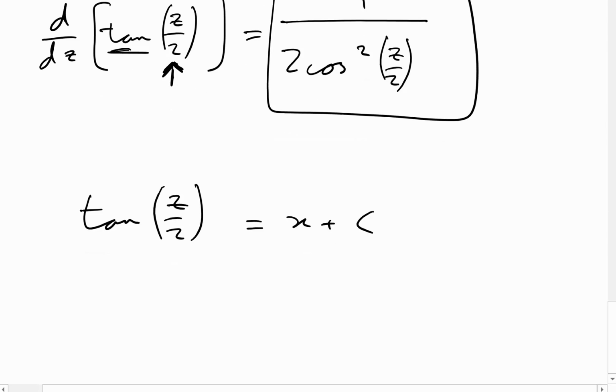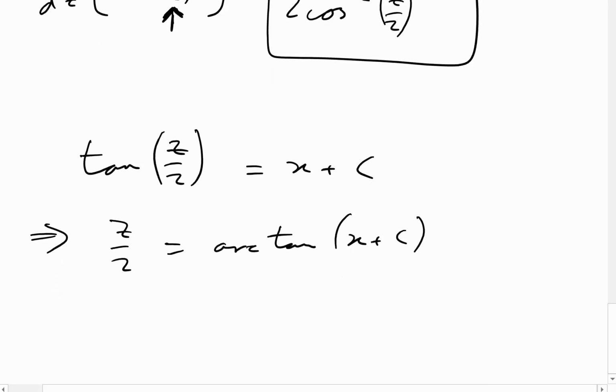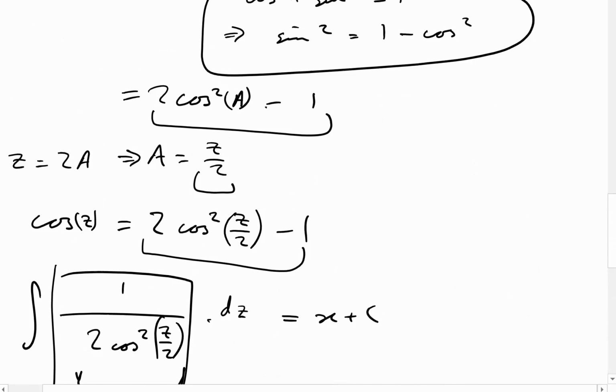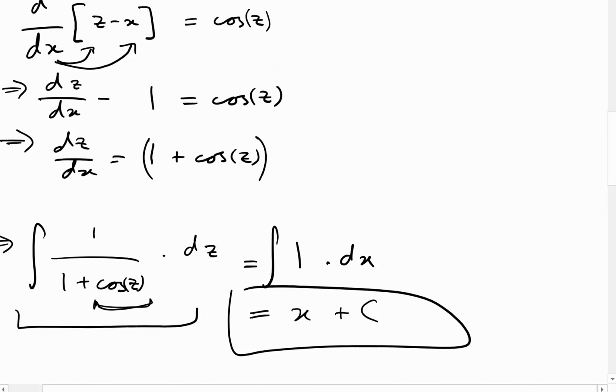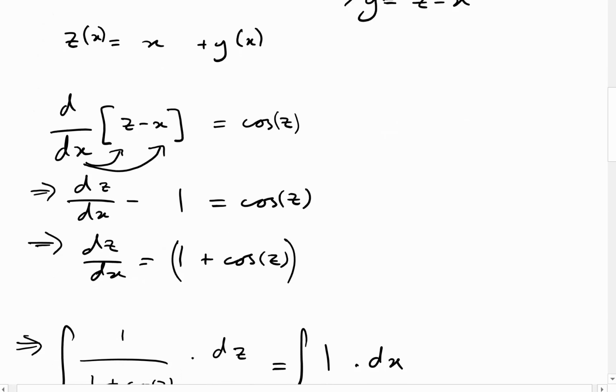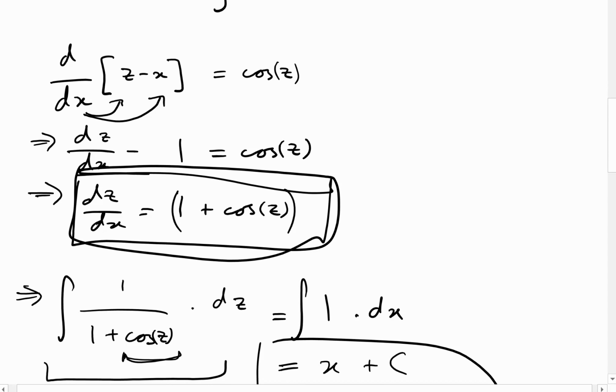Now I've kind of solved it, but I want it written explicitly as z. So z over 2 is equal to arc tan of x plus c, therefore z must be equal to 2 arctan of x plus c. That's a nice way to solve it. I've solved this problem in terms of z, but what was z?